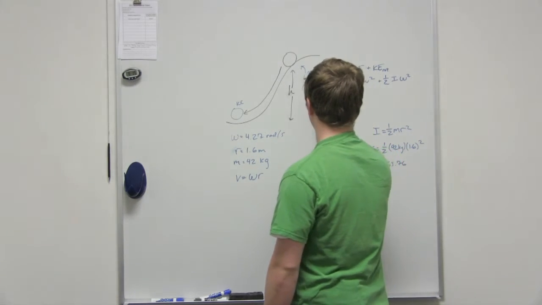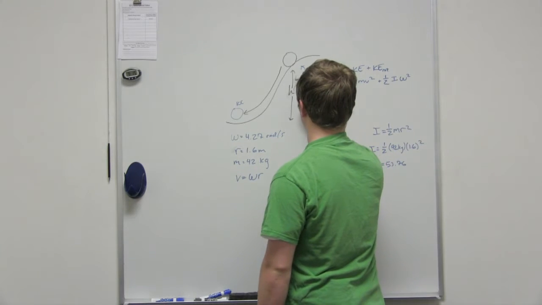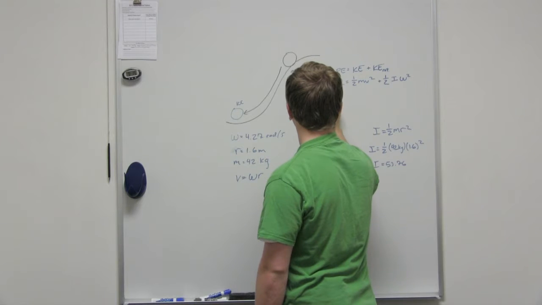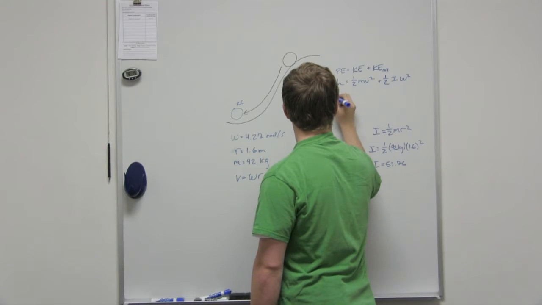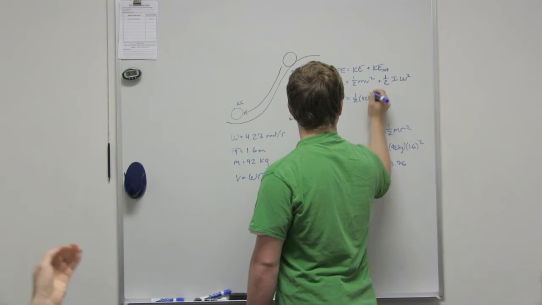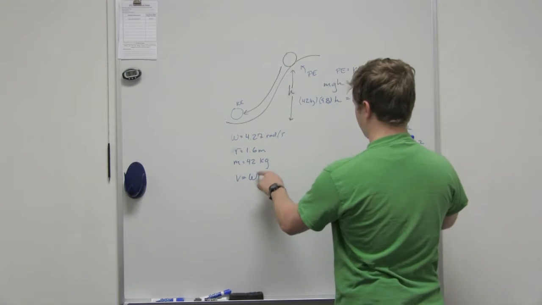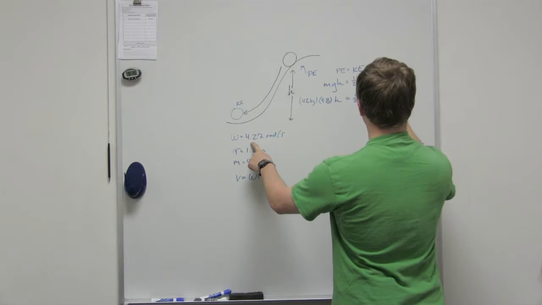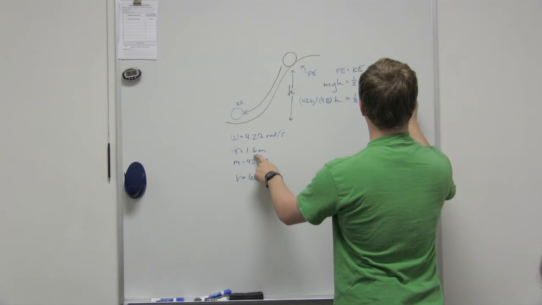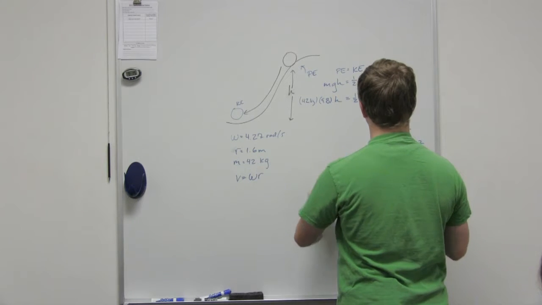Okay, so we basically just plug in numbers. We got our 42 kilograms, 9.8, we got our height, 1/2 our 42, times our velocity, which is going to be our 4.27 times 1.6, and all of that squared.